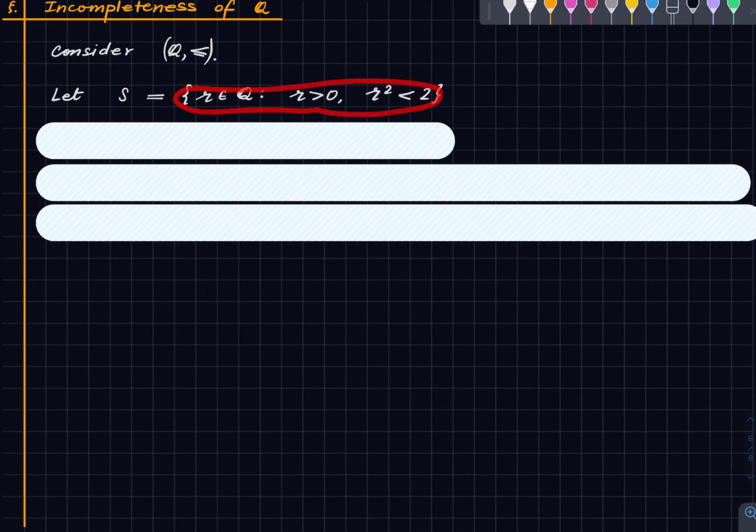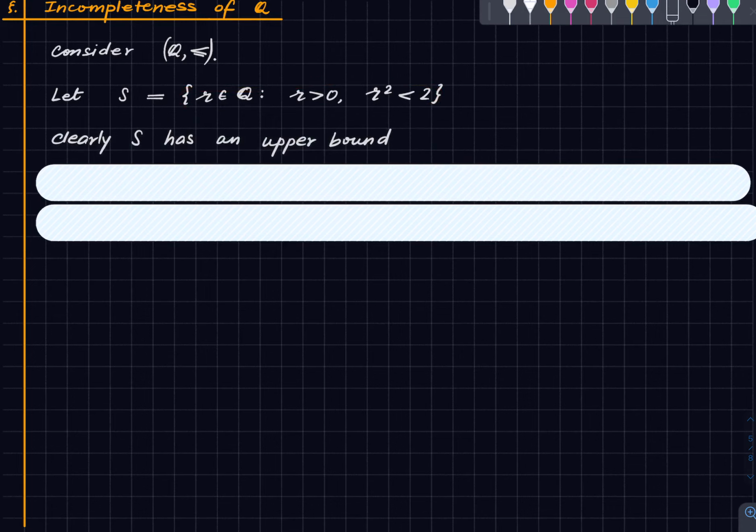And it has an upper bound, namely 2, which again is 2 by 1 formally. So 2 is an upper bound, because if r is a positive rational whose square is at most 2, then r is also at most 2, because if r were greater than 2, then its square would be at least 4, and this wouldn't be true. So this has an upper bound, and one such upper bound is 2.